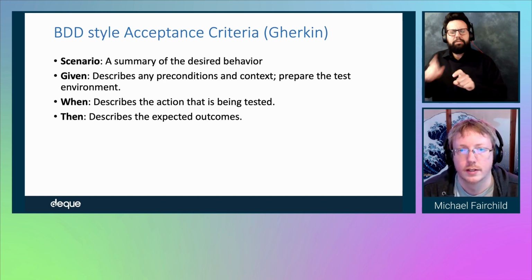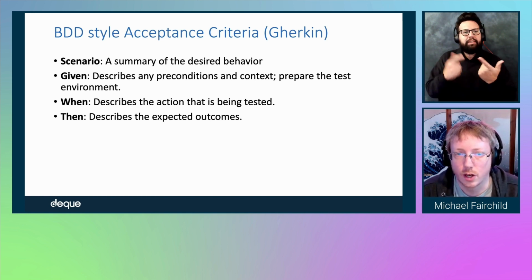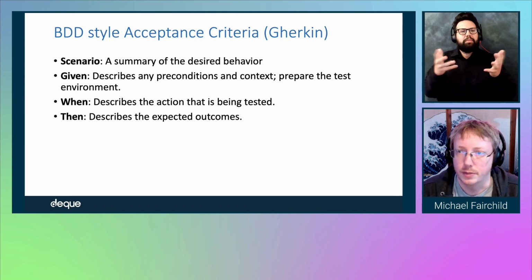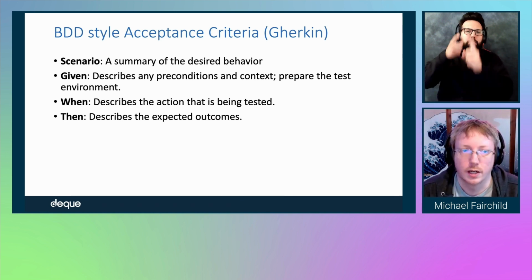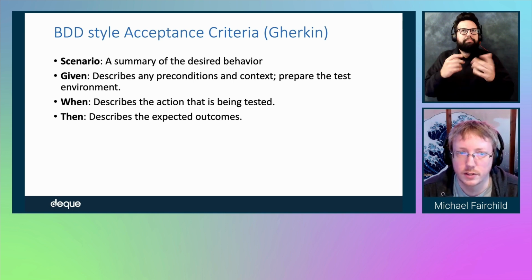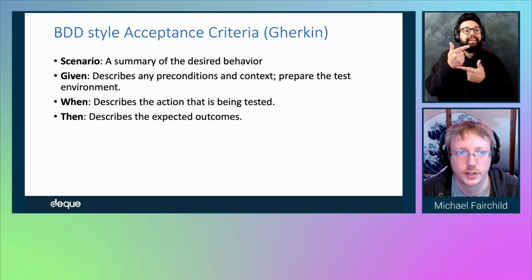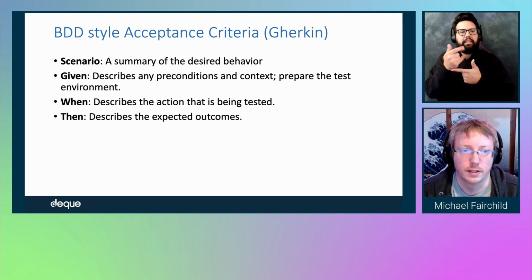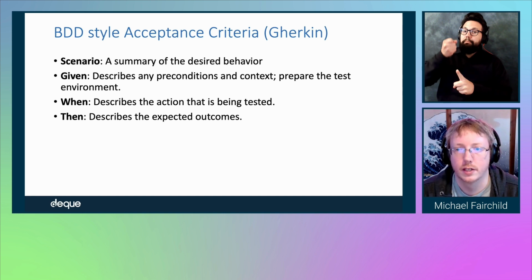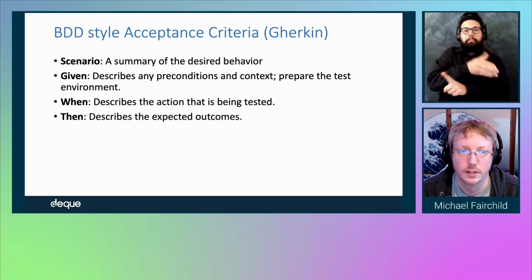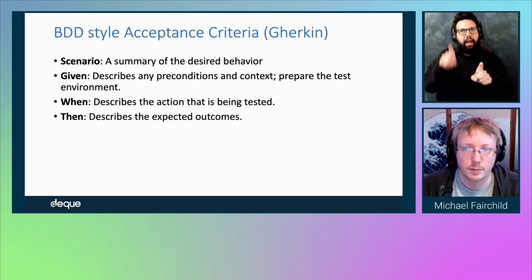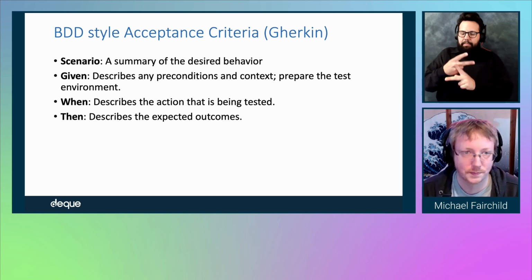So scenario, this is the concrete example, is a summary of the desired behavior. The scenario contains the acceptance criteria, and the acceptance criteria follow a given, when, then syntax. Given describes any preconditions and context. It prepares the test environment, right? Gets everything in place for us to be able to actually execute our test.